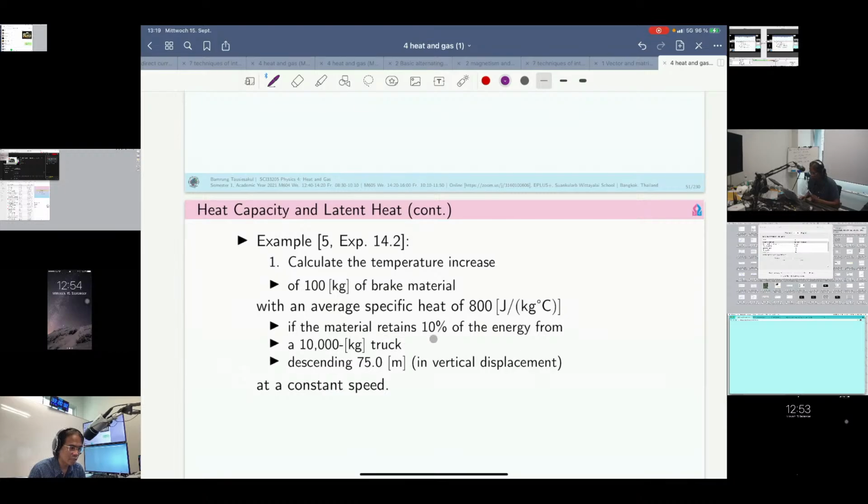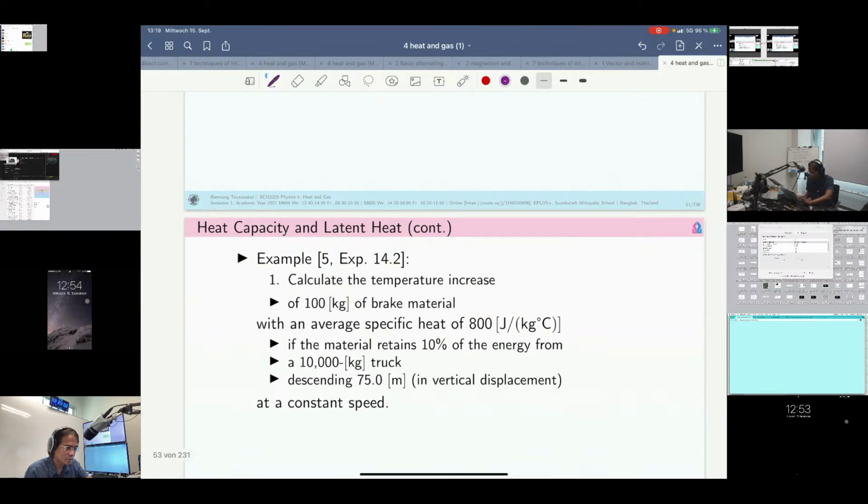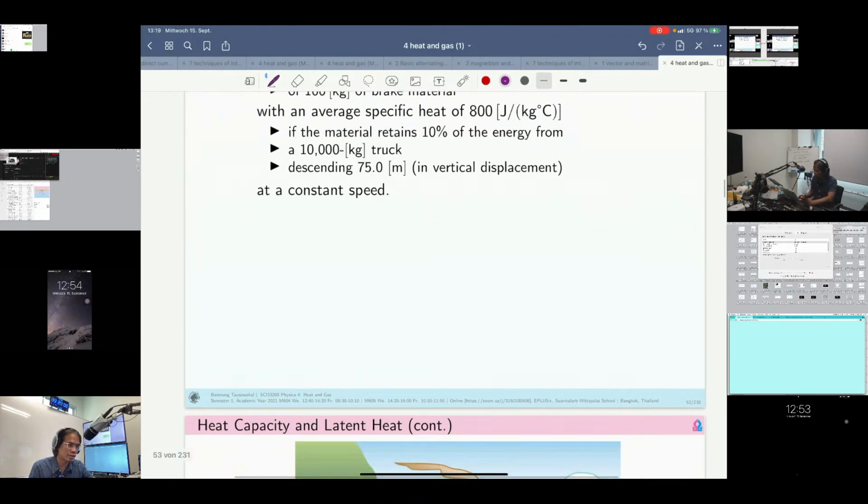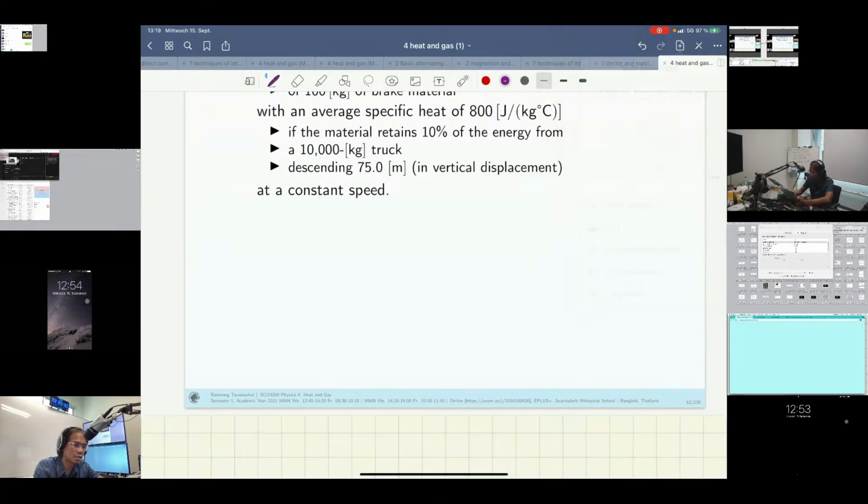So if the material retains 10% of the energy from a 10 ton truck, or 10,000 kilogram truck, descending 75 meters in vertical displacement, not along the slope direction, at a constant speed, we would talk about the temperature increase, ΔT, again like the previous problem.